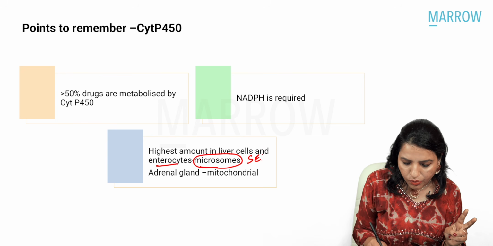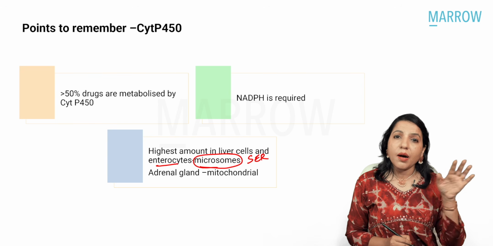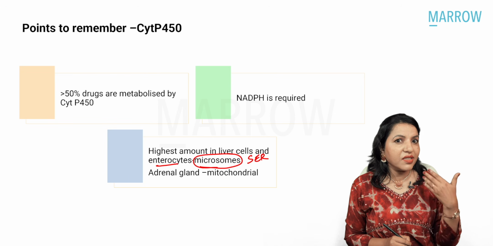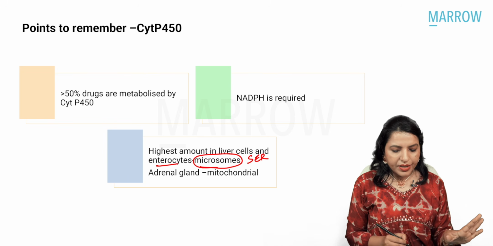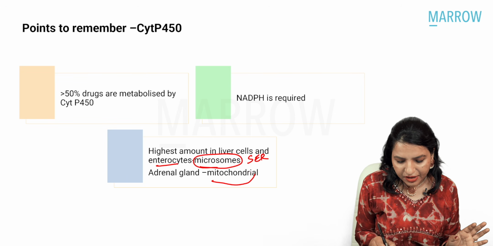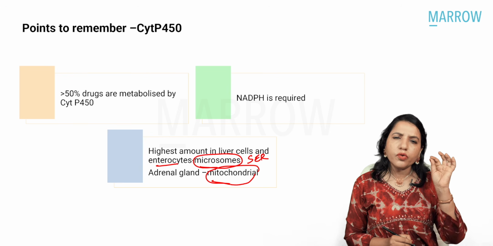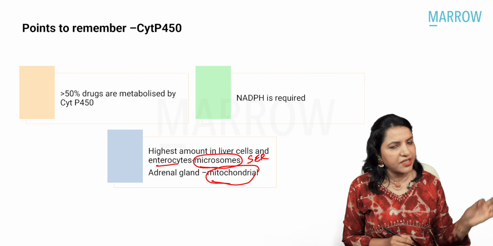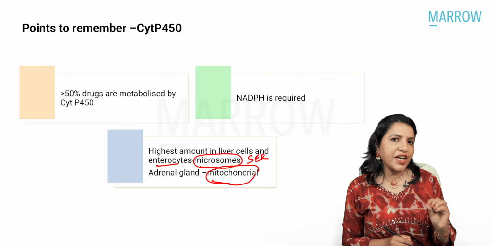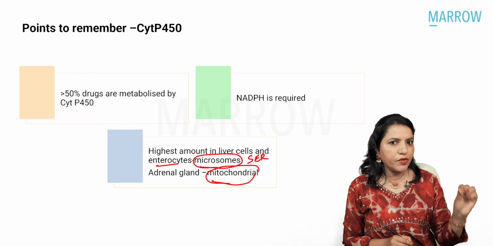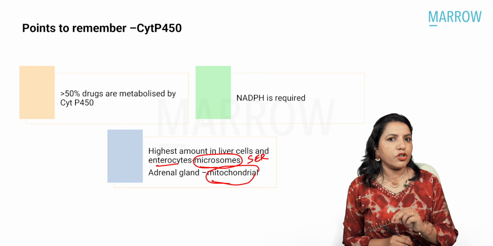Microsomes are the smooth endoplasmic reticulum. Apart from that, it also takes place in the adrenal gland. In the adrenal gland, the major site is the mitochondria. A few endoplasmic reticulum reactions are also there, but the cytochrome P450 mediated hydroxylation reaction takes place in the mitochondria as well.